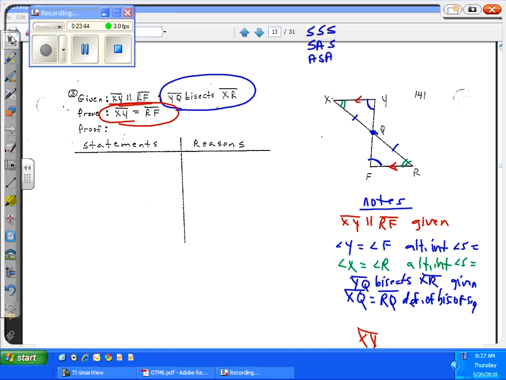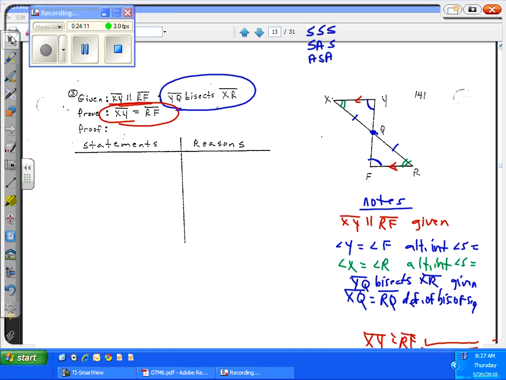When you get where you're going, there, right? That makes pretty good sense. We're trying to prove that XY is equal to RF. When we get there, we're done. So we need to prove that XY is equal to FR.